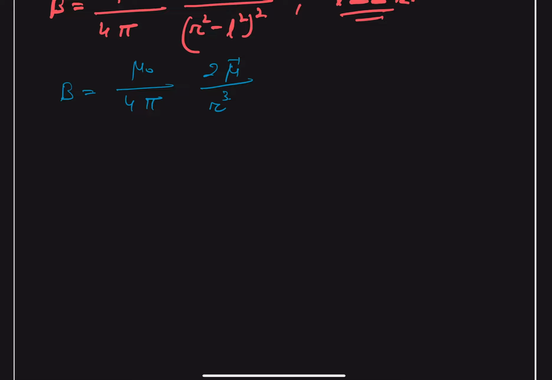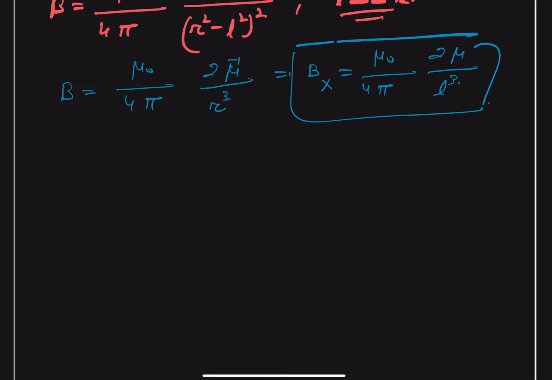And this R we can replace for X by L. Therefore, we can write for X, this will be mu naught upon 4 pi, and we have this 2 mu, and we call this L cube.